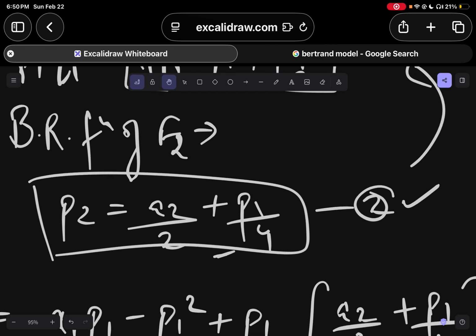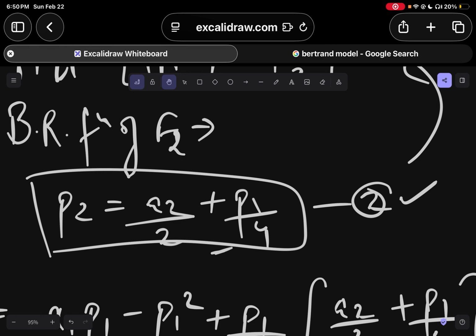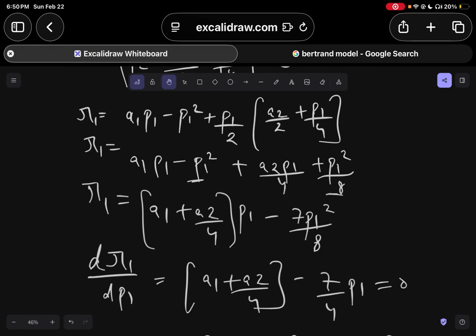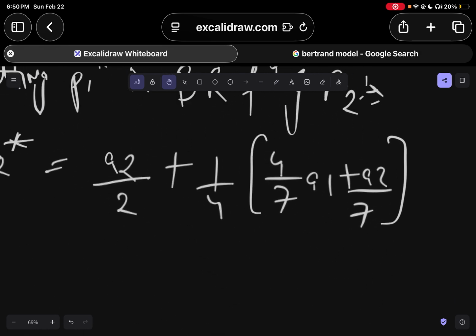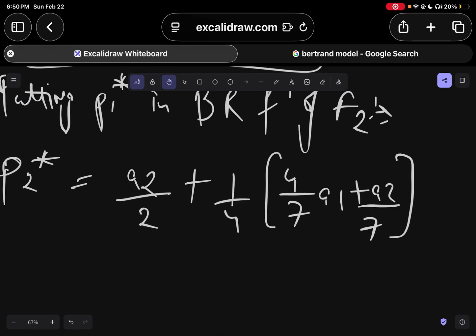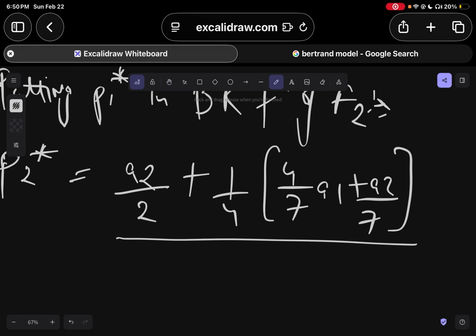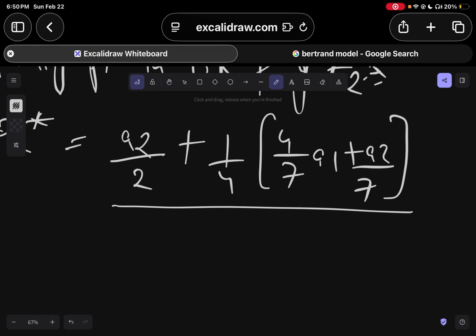Now the latest value of P1 which we got is 4 by 7 A1 plus A2 upon 7. We take 1 upon 4 as common and put the value of P1 star.